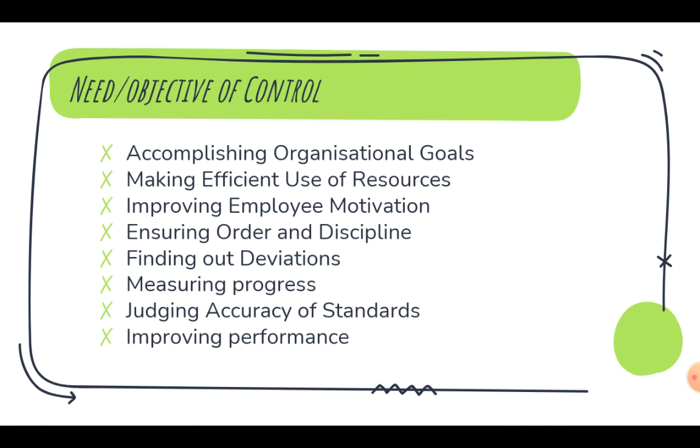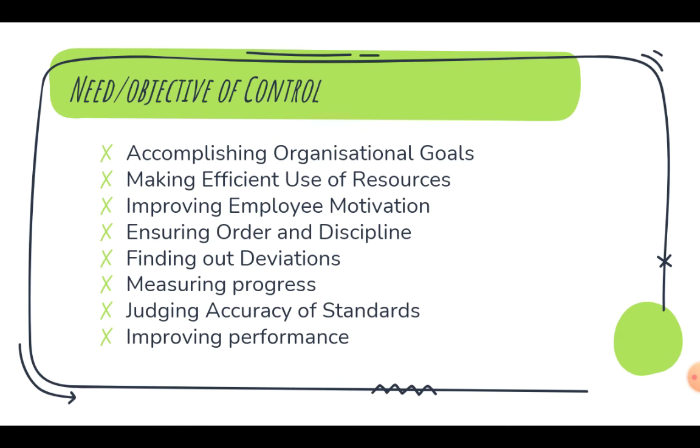With the help of controlling, deviations, any mistakes, any movements which do not lead to the obtainment of the objectives will be immediately detected, and corrective action can be taken immediately. Once you see the problems, you can correct the course of your actions to achieve your organizational goals.